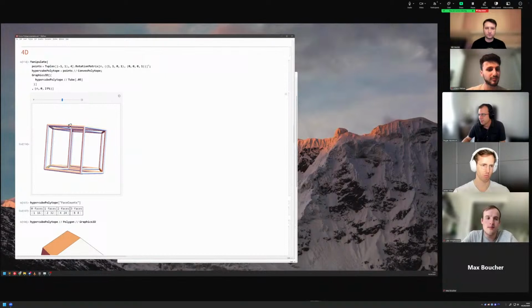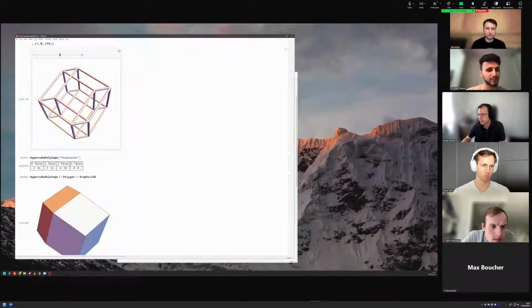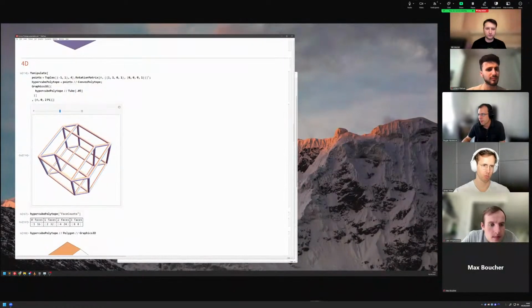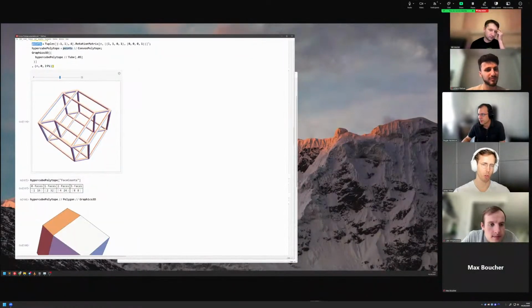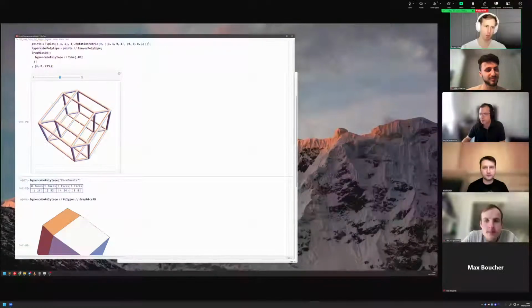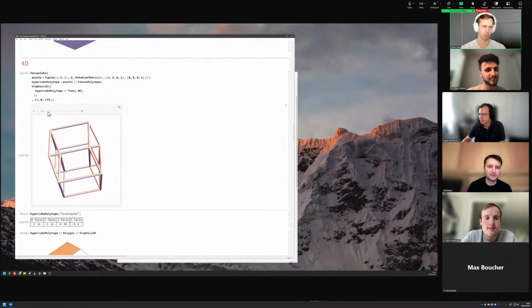Yeah, so there's a hypercube rotating in the fourth dimension by that slider. Is that how you'd say it? That's right.